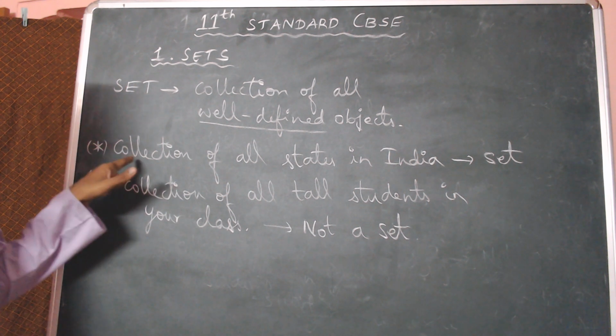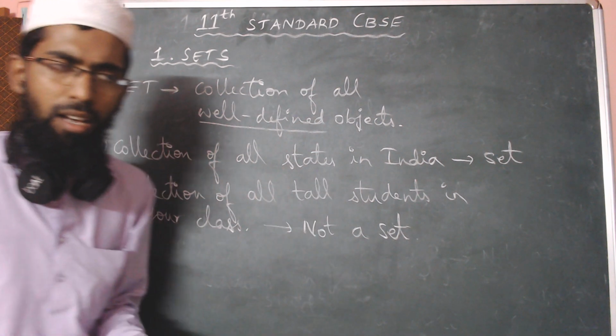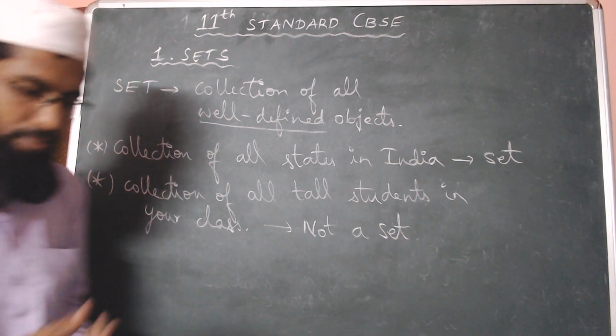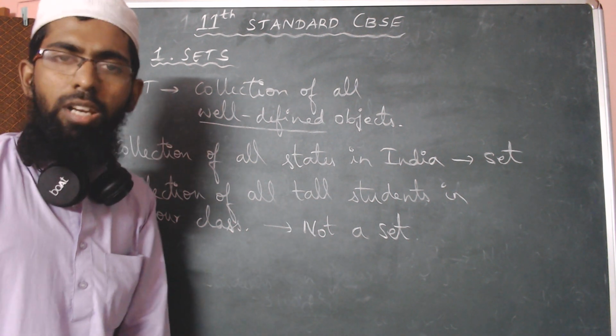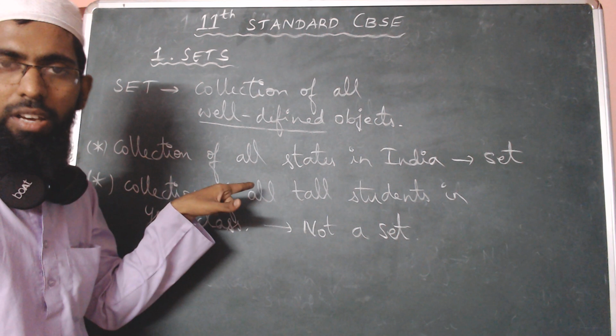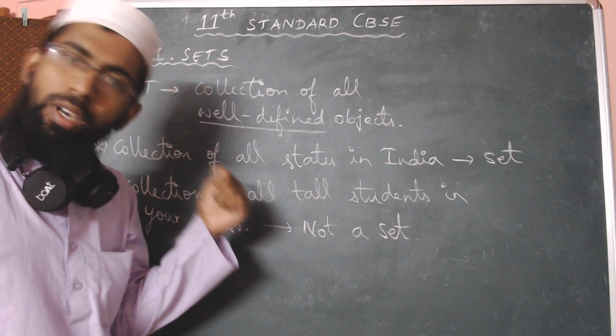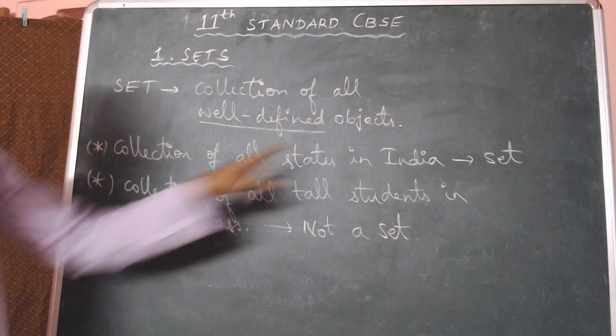Because if I take this collection, the collection of all states in India, and take one particular element, say Andhra Pradesh, we can clearly tell whether Andhra Pradesh belongs to this collection or not. It belongs, because it is a state in India.